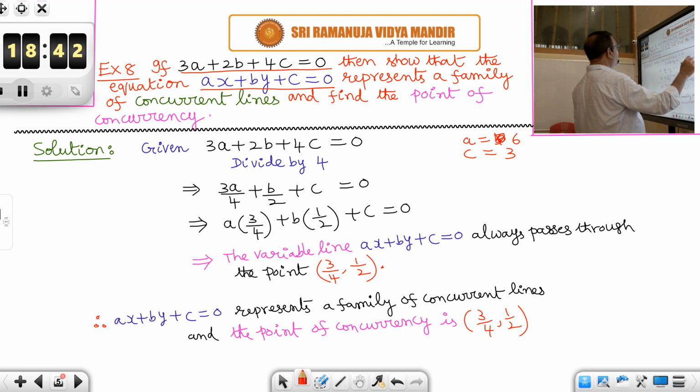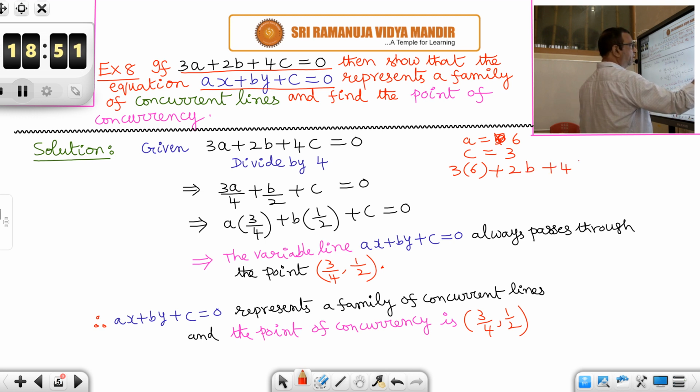So what is the value of b? 3 into a means 3 into 6, plus 2b, b I have to calculate, plus 4 into c, should be 0. So this is 18 plus 12, 30. 30 is taken to the right side, so 2b is equal to minus 30, so b is equal to minus 15.